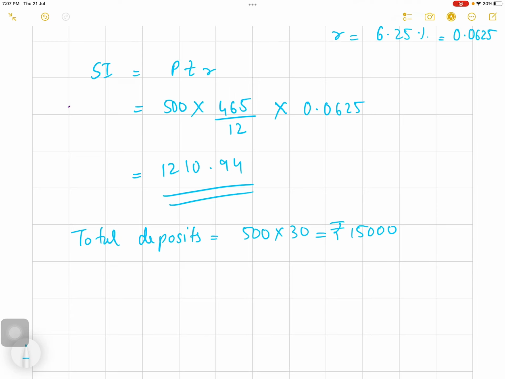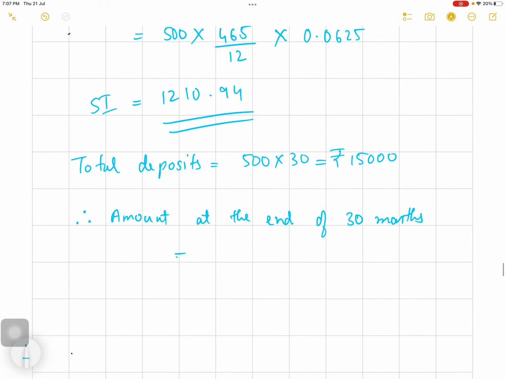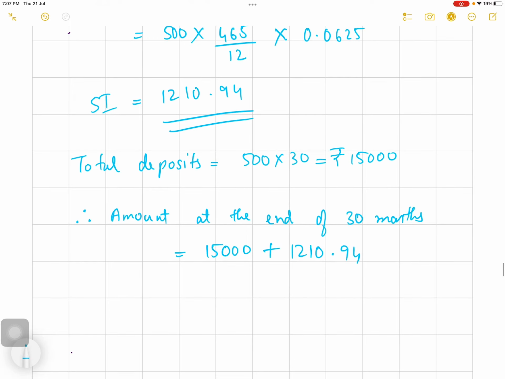And the simple interest is rupees 1210.94. So the amount at the end of 30 months will be 15,000 plus 1210.94, which comes to 16,210.94.